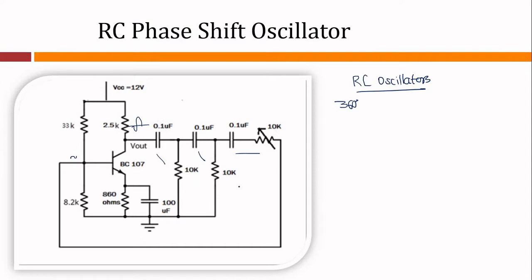So the job of this network is to produce another 180 degree phase shift. So 180 is provided by your common emitter amplifier circuit, and another 180 is expected from the network.